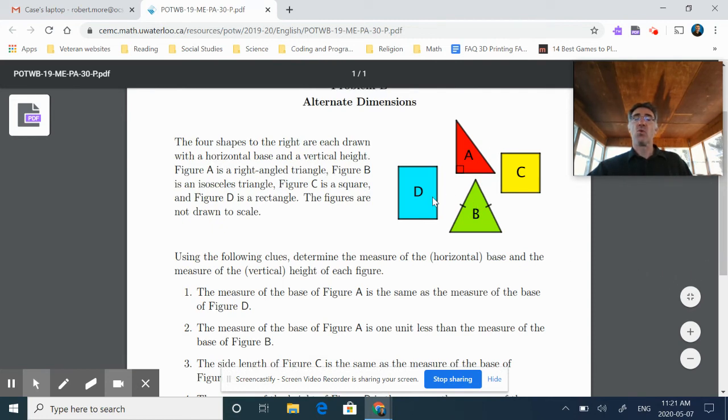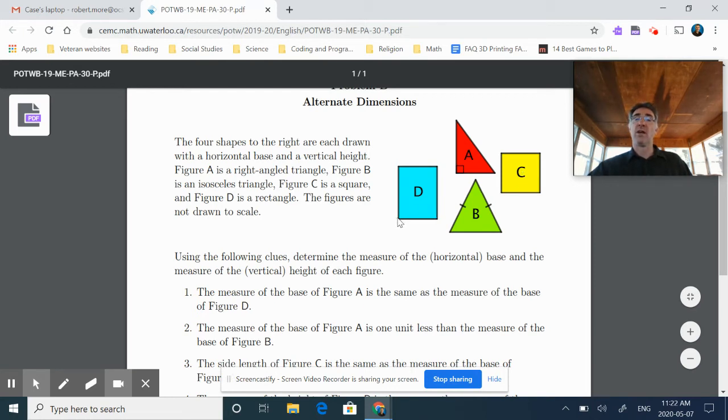Because we know this relationship or this number is going to be the same as that number, which is going to be the same as all of these. We know that this height is going to be the same as these and that. And because we know our formulas for finding the area of triangles, we're going to be able to solve this one, solve that one. We know the formula for area of squares, so we can solve this one.